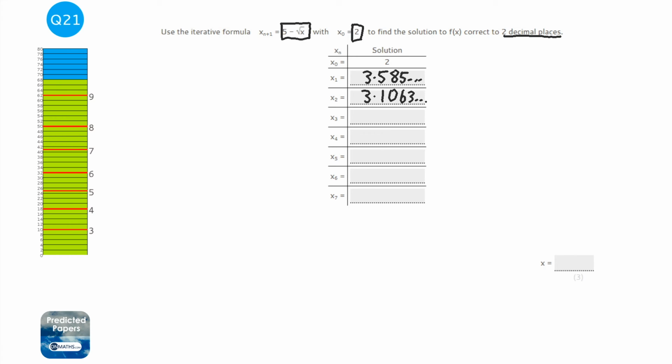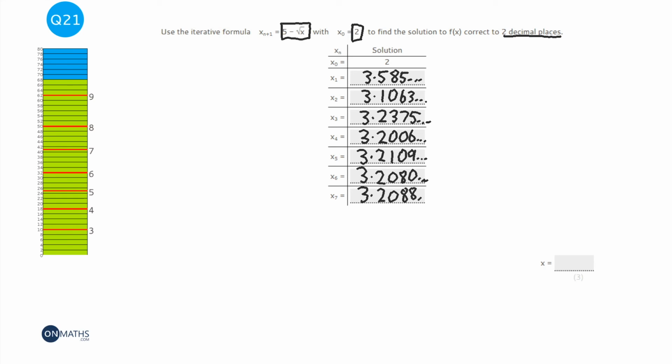Again, equals, 3.2375 blah blah blah, equals, 3.2006 blah blah blah, equals, 3.2109 blah blah blah, equals, 3.2080 blah blah blah, equals, 3.2088 blah blah blah. Now you stop when you get the first repeat of the accuracy that you're looking for.